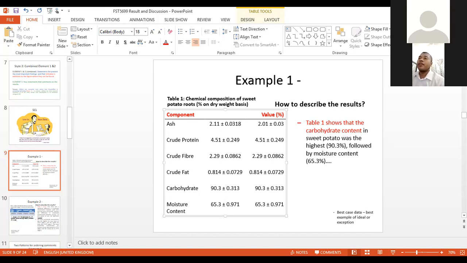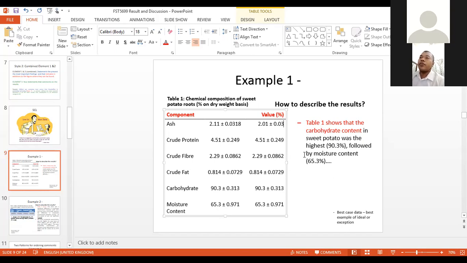Something like that, right? So there is one rule. I might be wrong here because I think I made some mistake in measuring the number of the standard deviation. Okay. So how to describe this table?